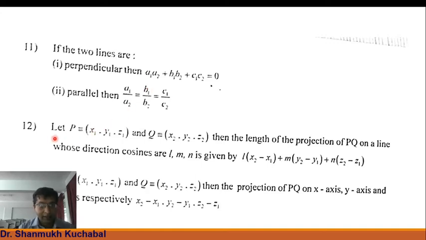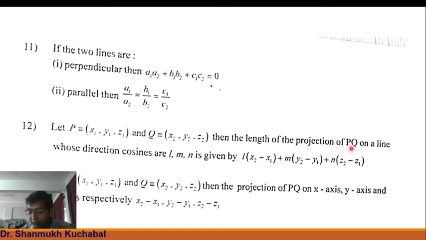Then P is a point having three coordinates x1, y1, z1, and Q is another one having coordinates x2, y2, z2. The length of the projection of PQ on a line whose direction cosines are L, M, N is given by the following. Very simple. First we have to find PQ.